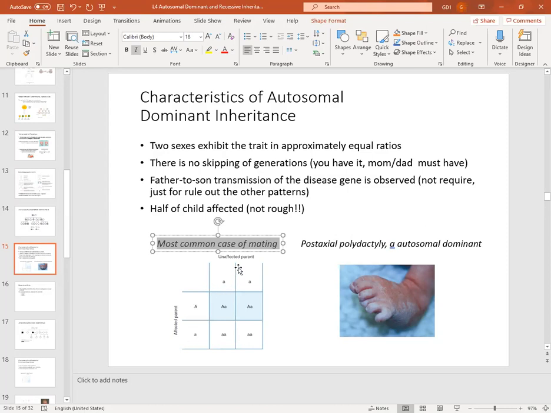So the most common scenario of making offspring with the disease is from big A and small a, with the unaffected parent, that means small a and small a.